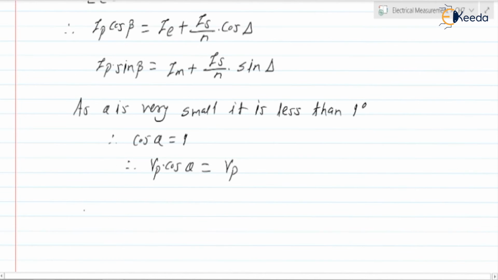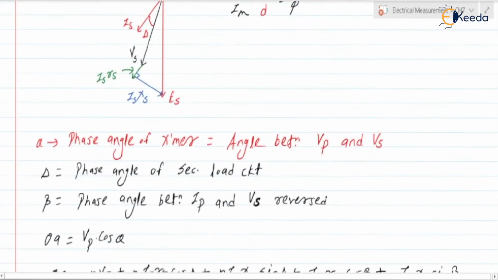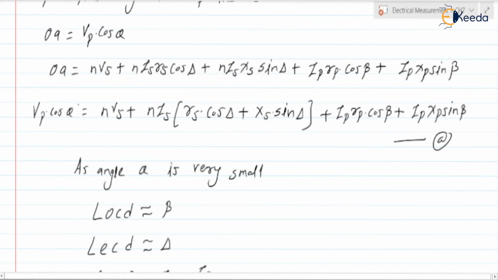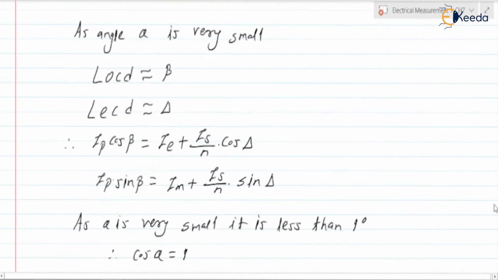Now from equation a, we have Vp cos theta, so we can replace it with Vp.